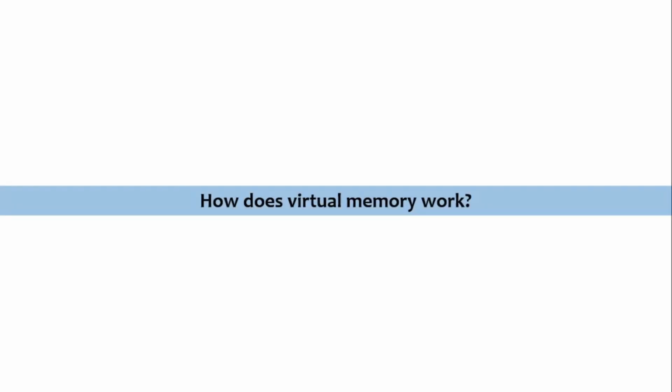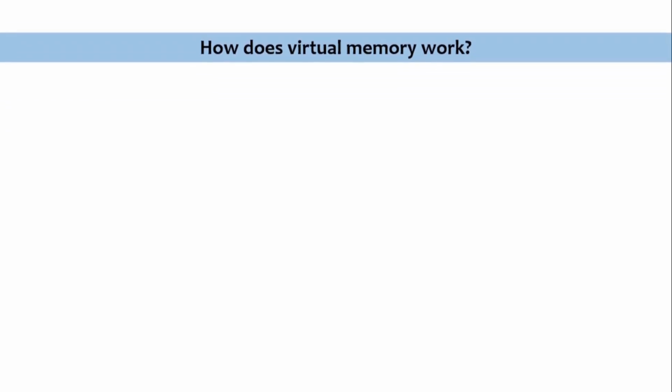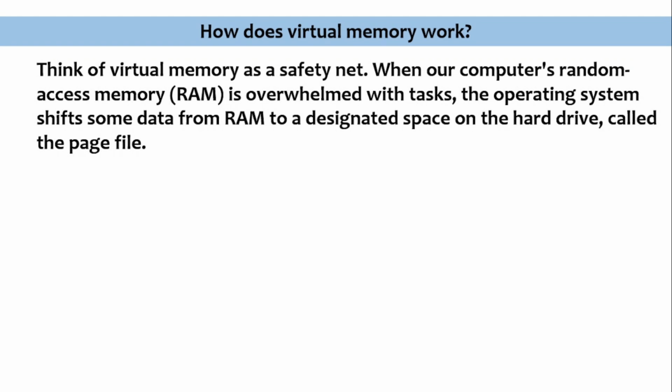So how does virtual memory or the page file work? Think of virtual memory as a safety net. When our computer's RAM is overwhelmed with tasks, the operating system shifts some data from our RAM to a designated space on the hard drive called the page file or virtual memory.